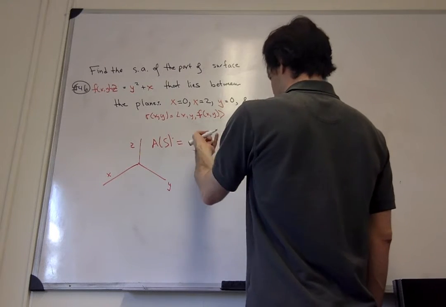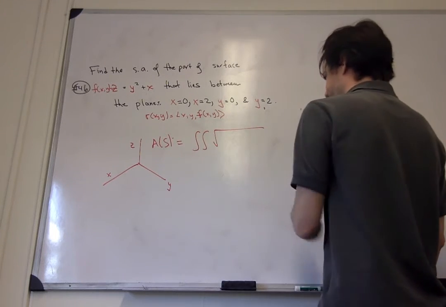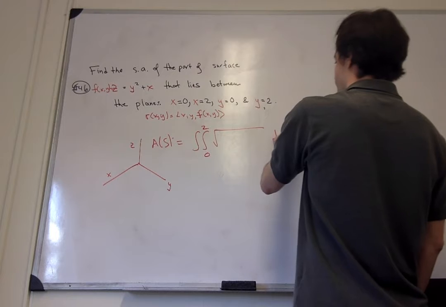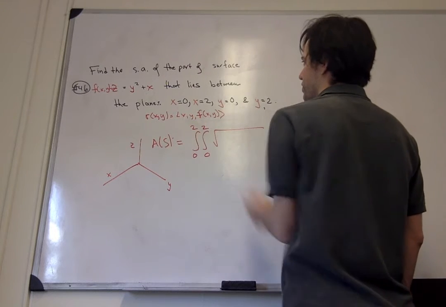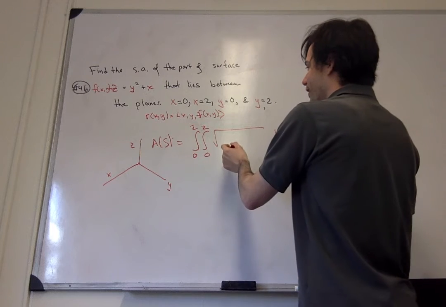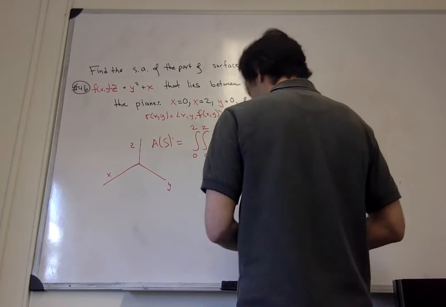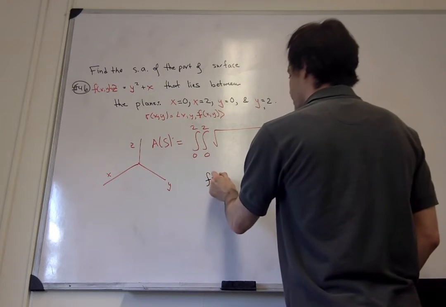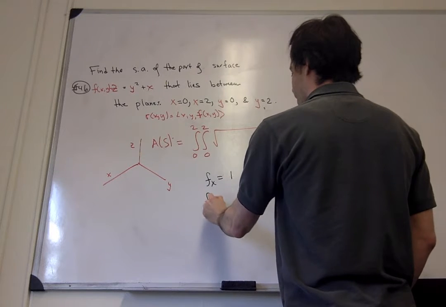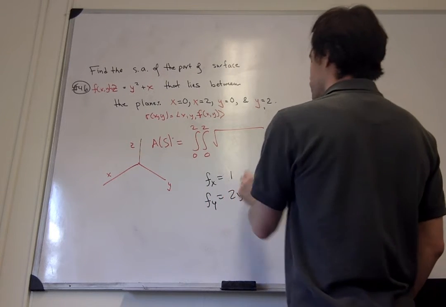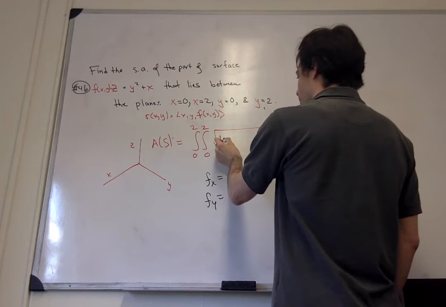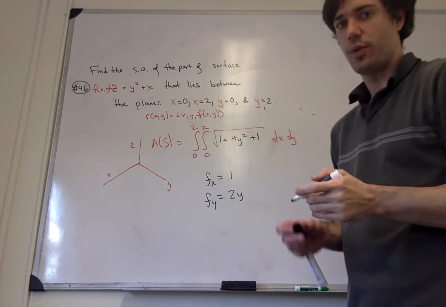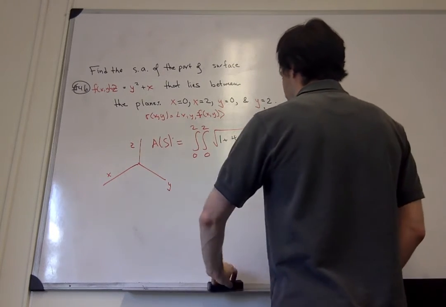It's this integral over the domain: x goes from 0 to 2, dx, and y goes from 0 to 2, dy. The derivative of f with respect to x is 1, and with respect to y it's 2y. When I square the first, I get 1. Square the second, I get 4y squared, and then I have to add on the 1.